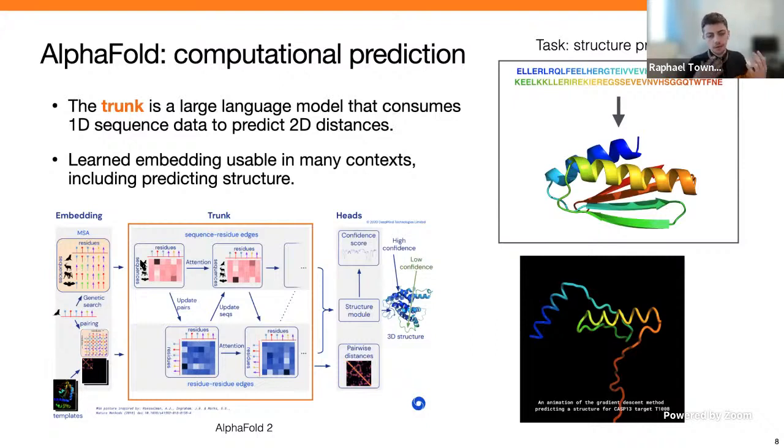And at the end of the day, you can do masked language models, but you can also predict other very interesting quantities, for example the pairwise distance between any two amino acids in this three-dimensional structure. On top of that, you end up with embeddings that are usable in many different contexts beyond even simply predicting structures. And I'll talk about that a little bit more in a bit.